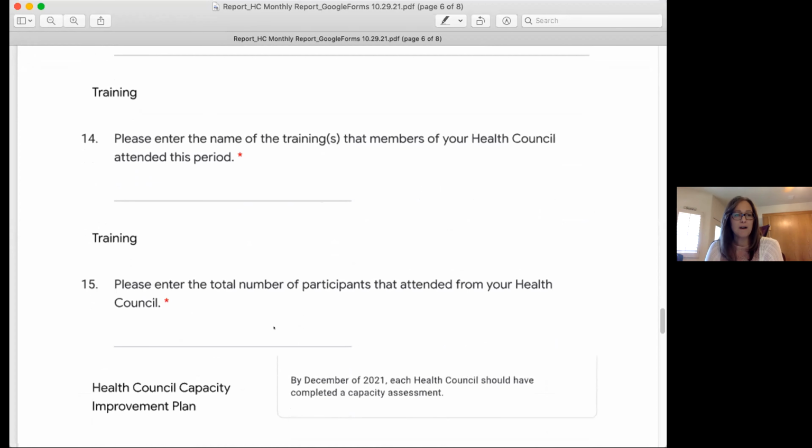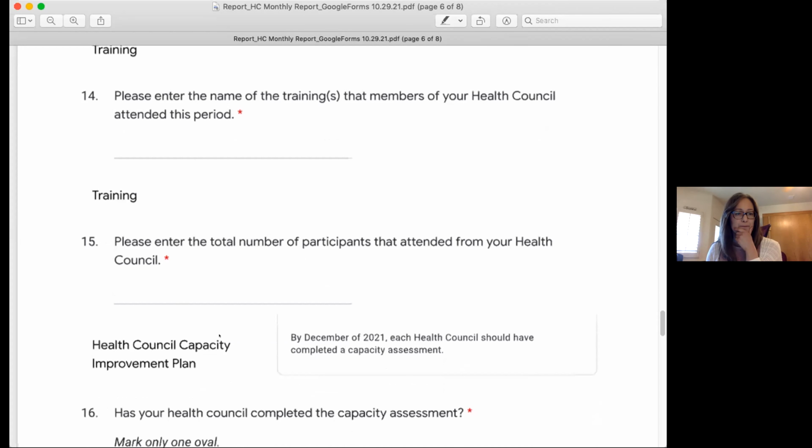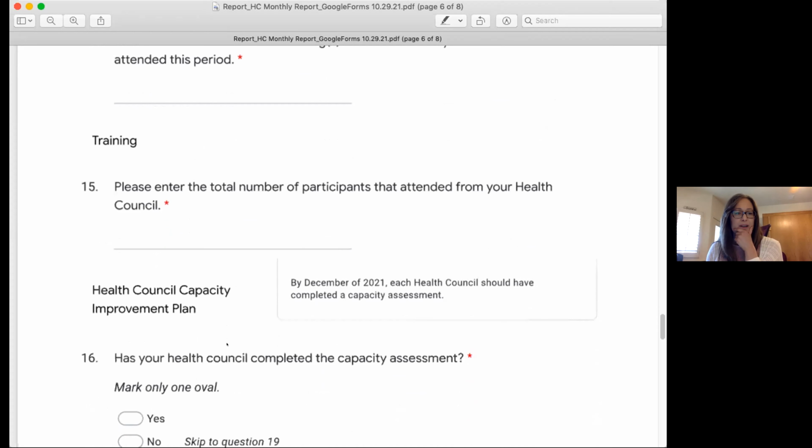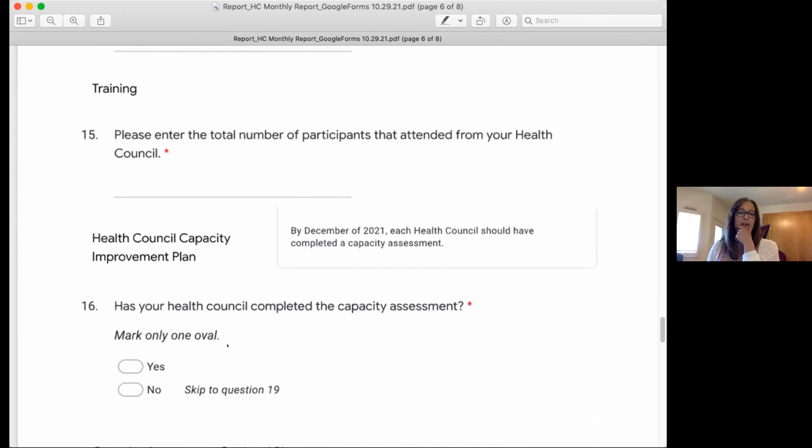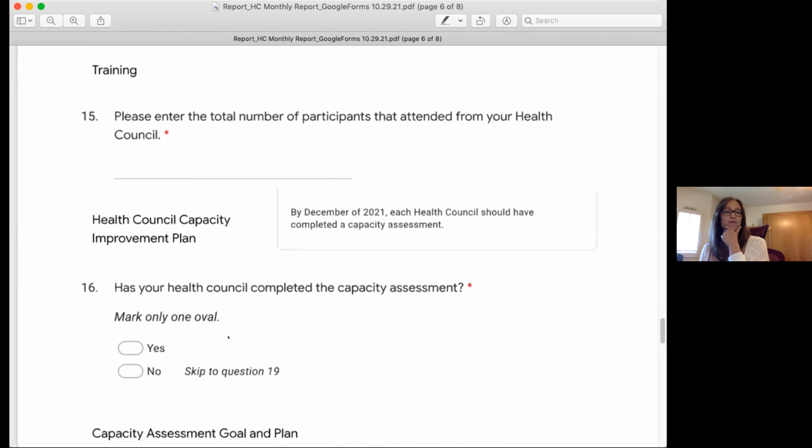So for example, let's say there were 2 trainings that you attended in the month of October, but only one person represented your Health Council. So instead of putting 2 in number 15, you would just put the 1, because that one person was the total number of participants that attended the training that you listed in 14. Hope that makes sense.